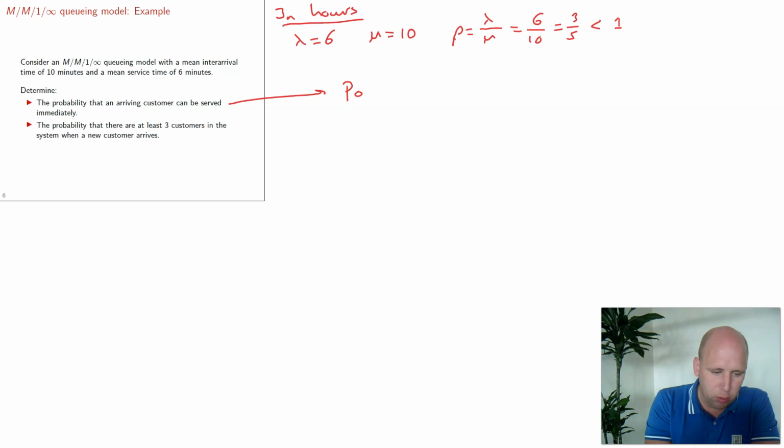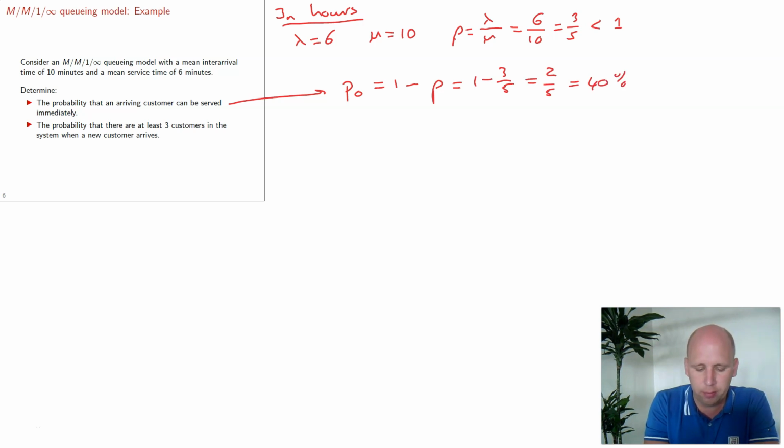And this is equal to 1 minus rho. So this is equal to 1 minus 3 over 5 is 2 over 5, or you could also say that it's 40%. And this is the probability that an arriving customer can be served immediately, because arriving customers see time averages.